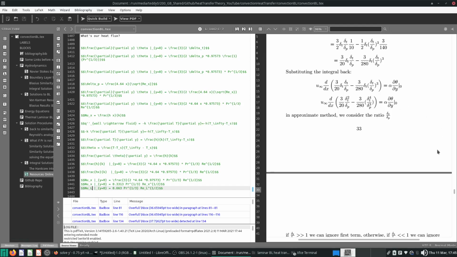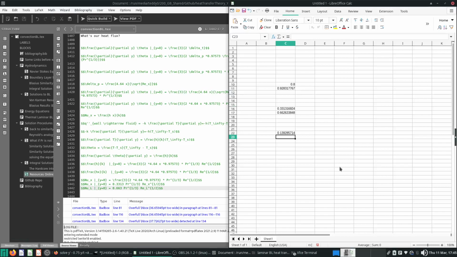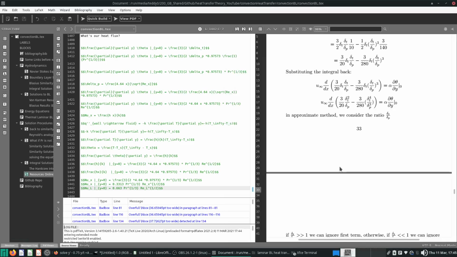Okay, what am I saying here? Because 3 over 20, how many percent difference is this? It's about 8% difference. It's not negligible, but it's not that big either.